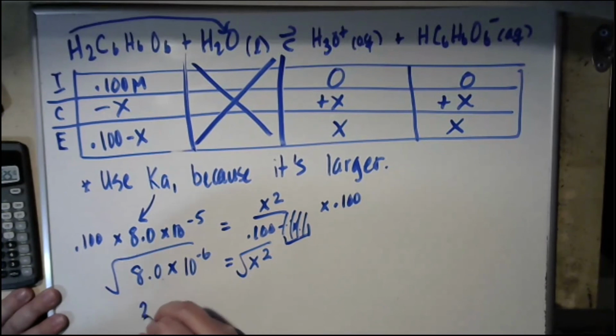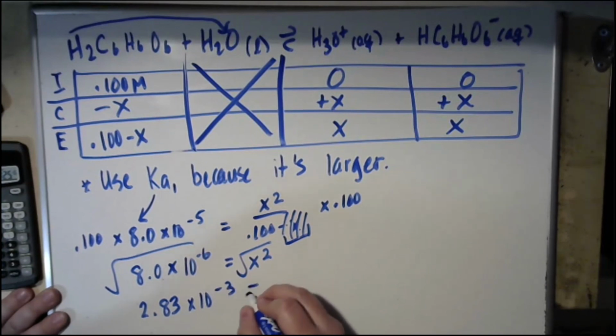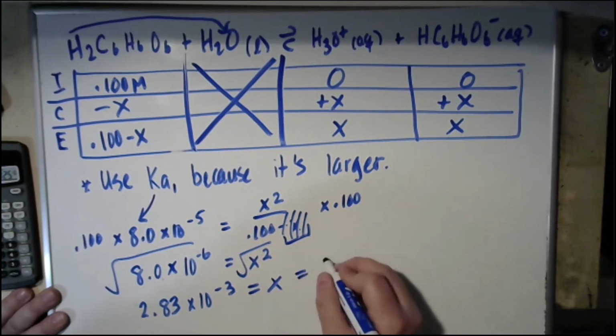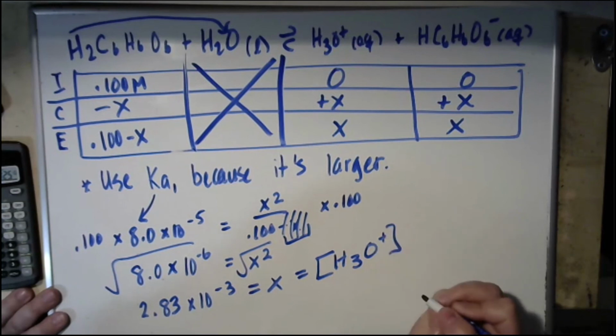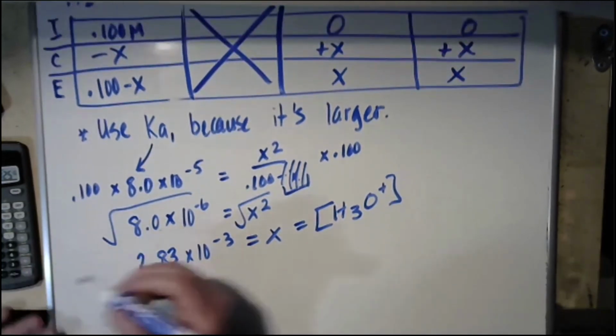We have 2.83 times 10 to the negative 3. It's going to equal our x value, and this will hopefully equal our H3O plus concentration, but we will check it out a little bit down here.